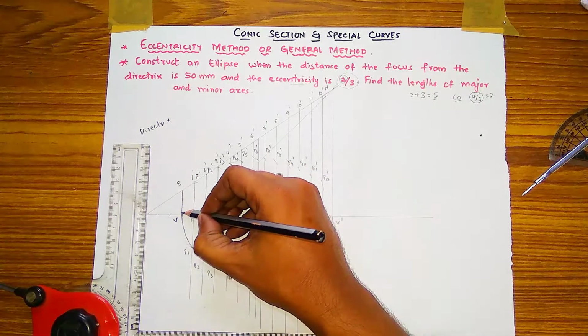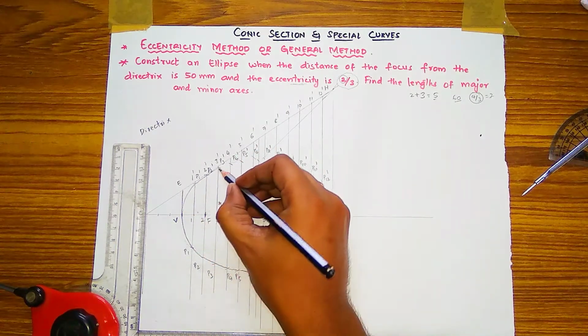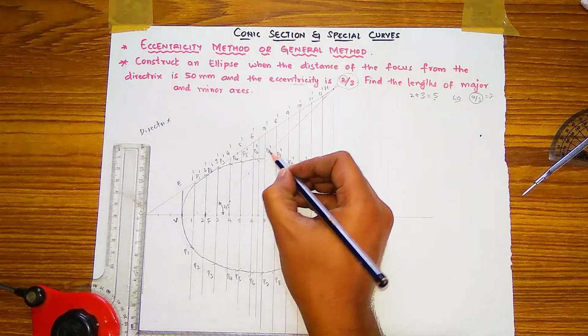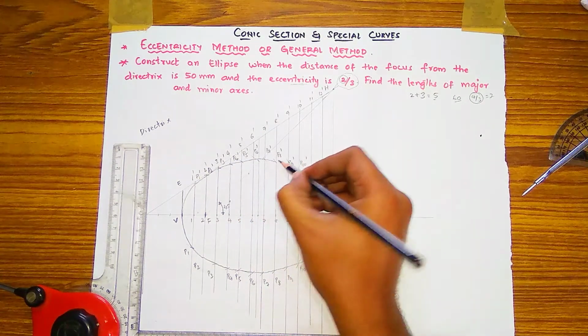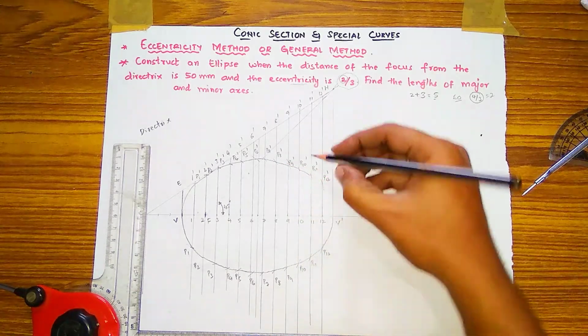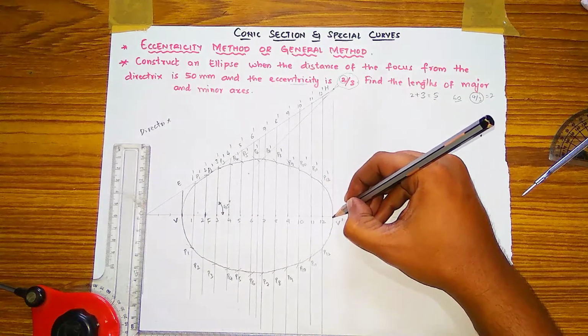Then from here also you have to do P1, P2, P3 dash, P4 dash, P5 dash, P6 dash, P7 dash, P8 dash, P9 dash, P10 dash, P11, P12 dash, then up.